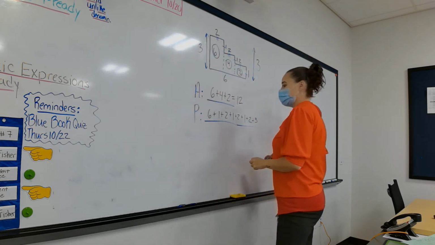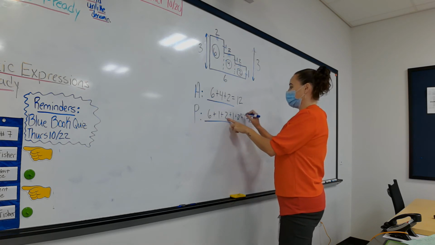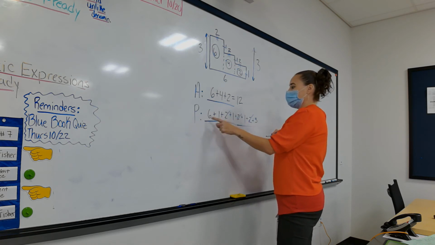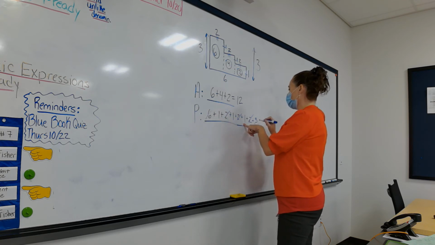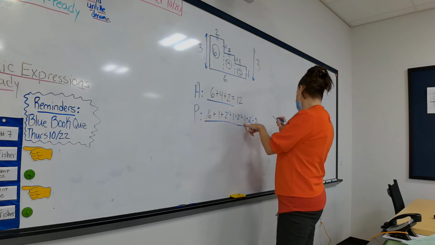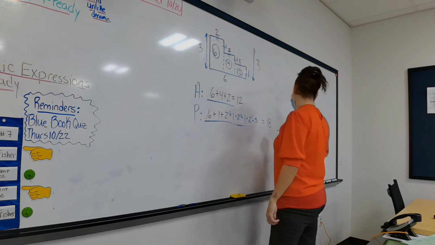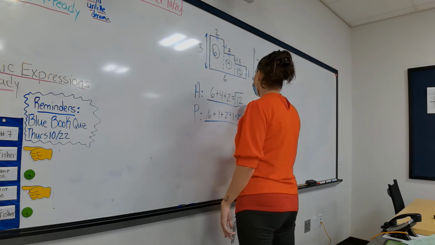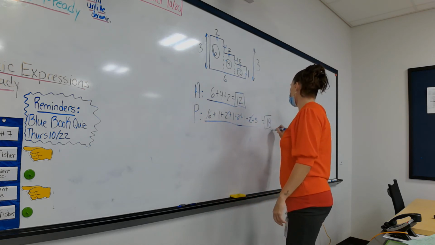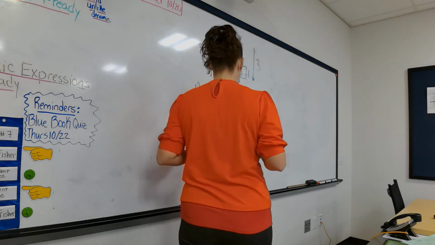All right, let's see. 2, 4, 6, 12, 13, 14, 15, 16, 17, 18, equals 18. There's no units. So you would have had 12 and 18. 12 was the area, perimeter was 18.